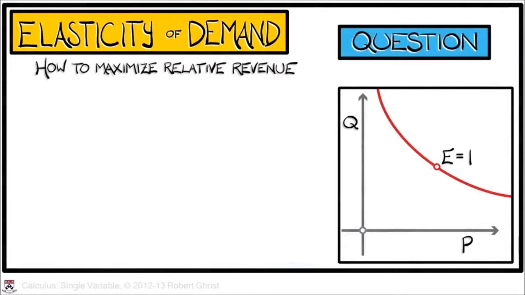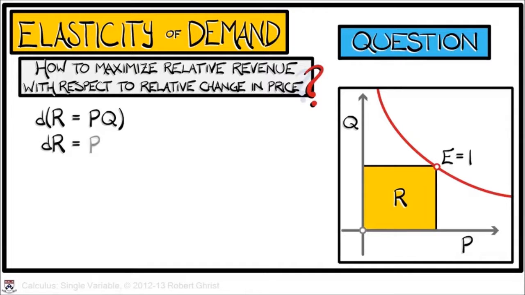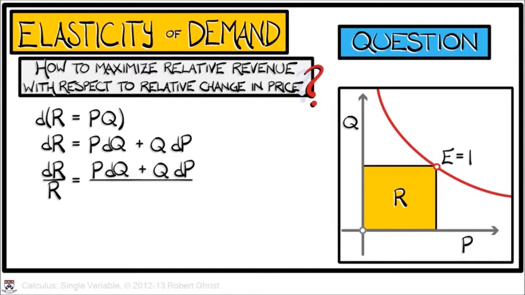Here's a question. How do you maximize the relative revenue with respect to relative change in price? Well, R, the revenue, is the price times the quantity, P times Q, or the area of this box, if you like. Then, differentiating this, we get dR equals P dQ plus Q dP. Looking at relative revenue is dR over R. We've seen a very similar computation with our electric circuit.